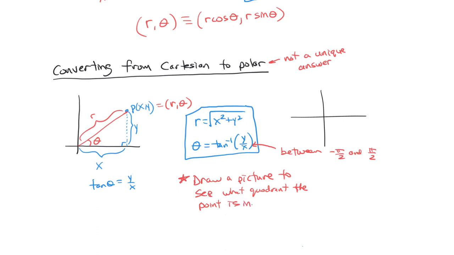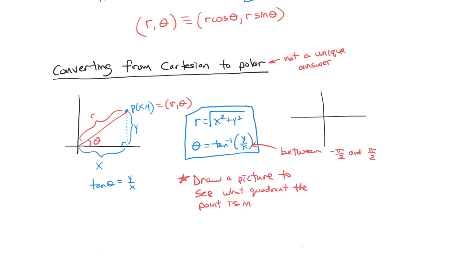So I guess you don't really have to draw a picture, but what I'm saying is be careful. In case you're over in one of these quadrants, you have to be mindful of using the calculator, and it's going to give you some acute angle, some angle less than 90 degrees. Also, of course, there's multiple answers for this because it's not a unique answer.